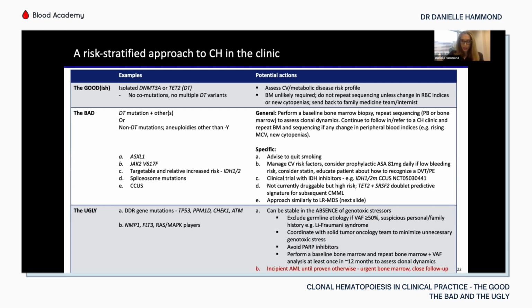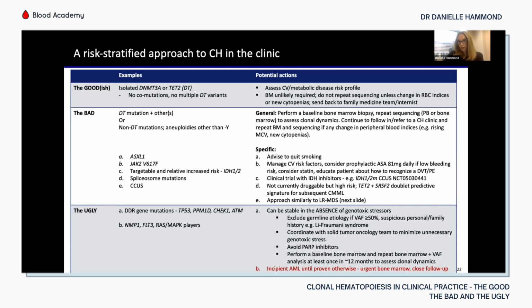I've only listed one here, but there's actually two clinical trials now, one run out of the Mayo Clinic, one led by Sloan Kettering, where they're applying ivosidenib and enasidenib respectively, the IDH inhibitors, for patients with IDH1 or 2 mutated clonal hematopoiesis, but in the CCUS state. So they have to have an associated peripheral blood cytopenia, and with the primary endpoint actually being reversal of that cytopenia or restoration of normal peripheral blood counts.